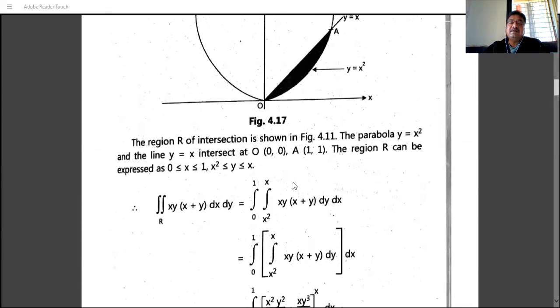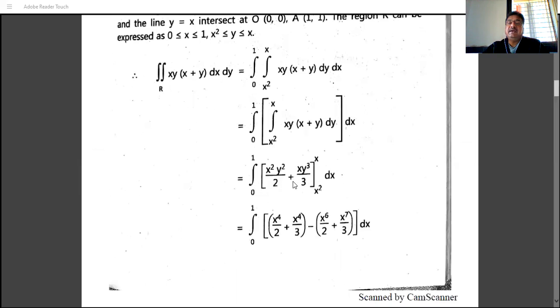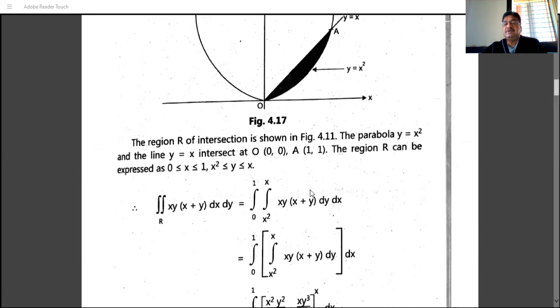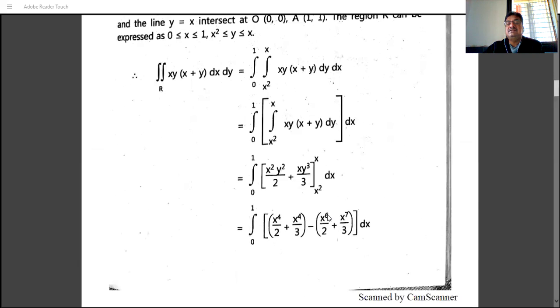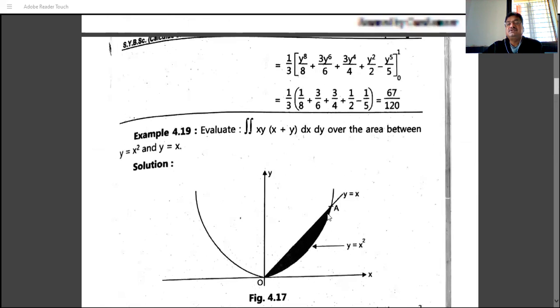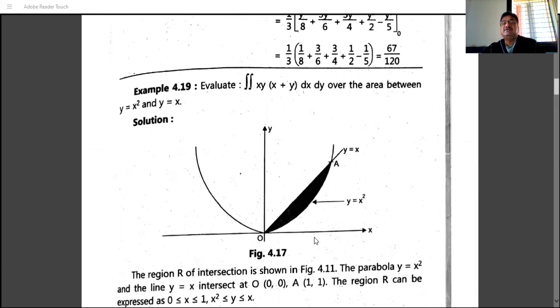But in some examples, the choice of x first or y first depends on the example. In some examples, integrating with respect to y first is convenient, and in some examples, with respect to x first is convenient.